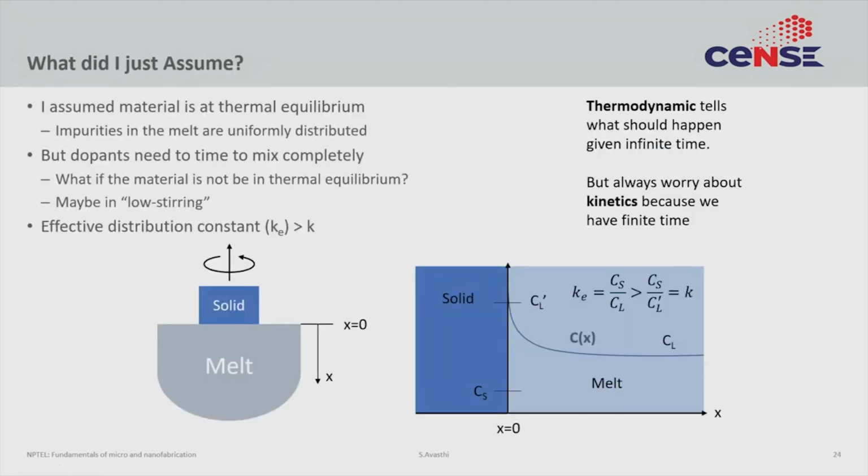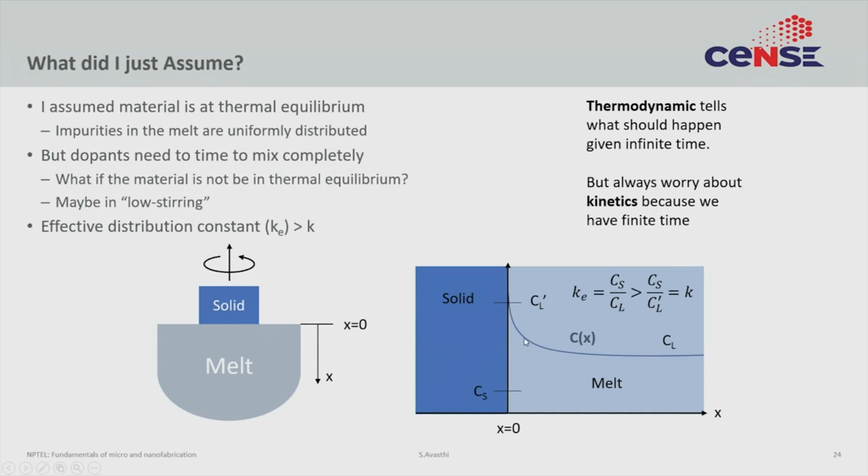Now, one of the things that I assumed, and this is a little bit of the detail, is I assumed equilibrium. So, when the impurity was ejected from solid and entered the melt, I assumed that the melt would become homogeneous instantly. Of course, this does not realistically happen. What is realistically going to happen is all the impurities that were ejected from the solid will accumulate near the solid.